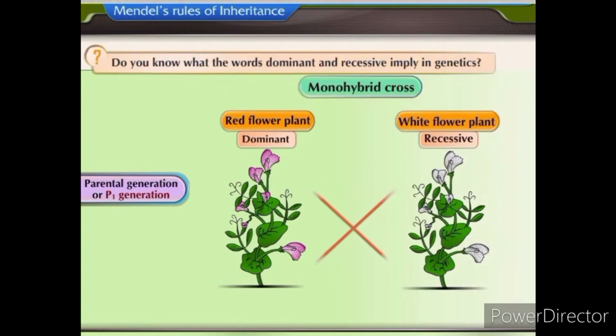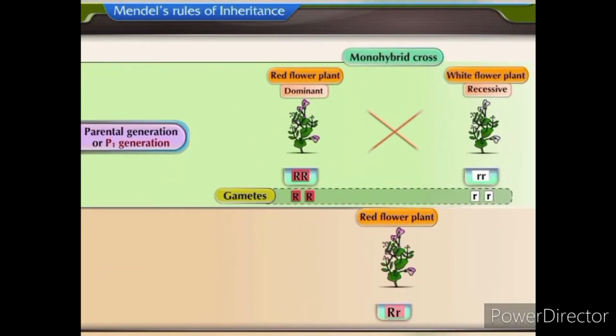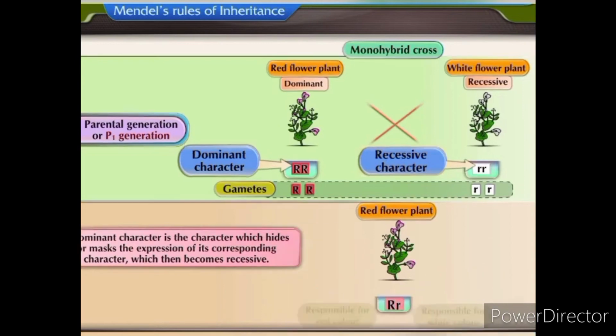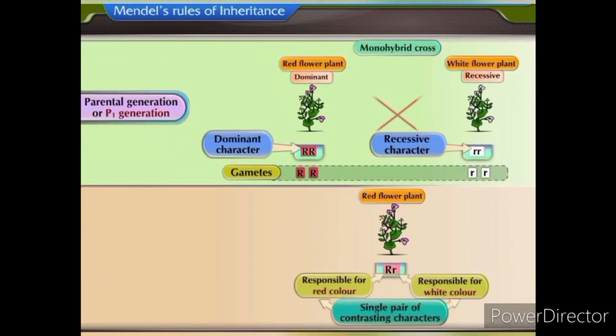Do you know what the words dominant and recessive imply in genetics? A dominant character is that character which hides or masks the expression of its corresponding character, which then becomes recessive. From a single pair of contrasting characters, one will be dominant and the other will be recessive.